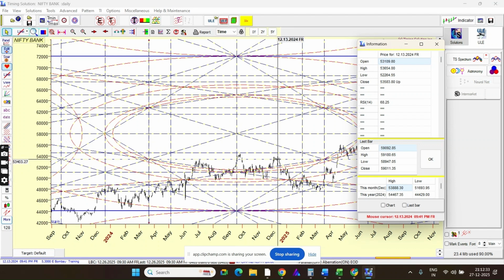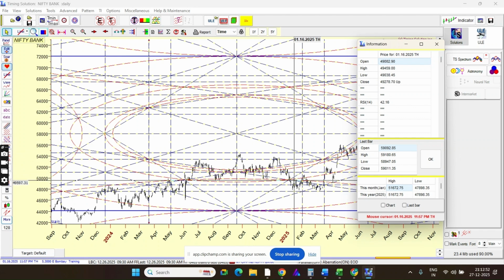In mid December we started falling again and took support on this cluster level here, at the start of 2025. This is 12th January.